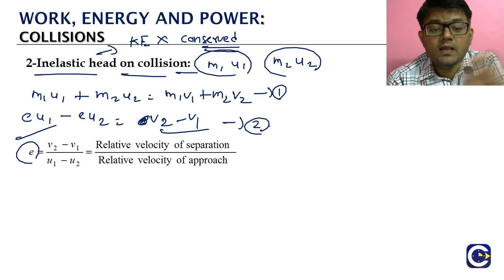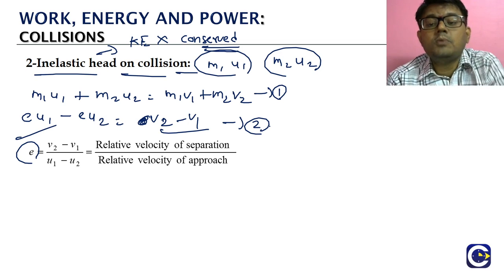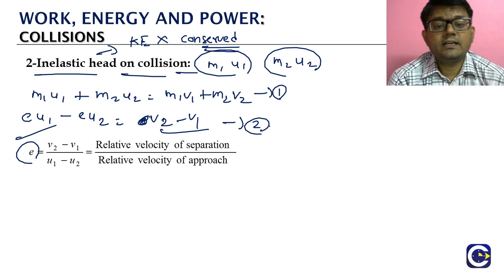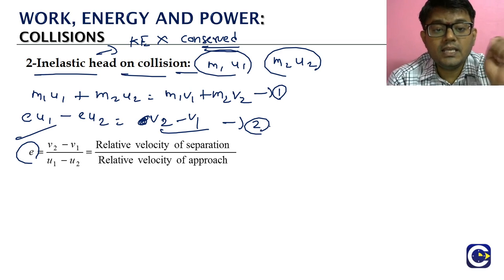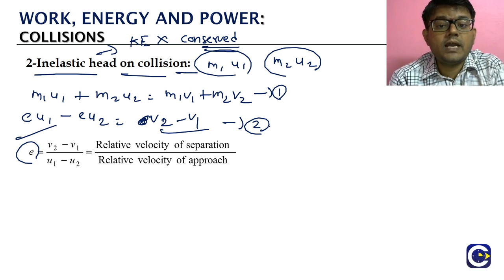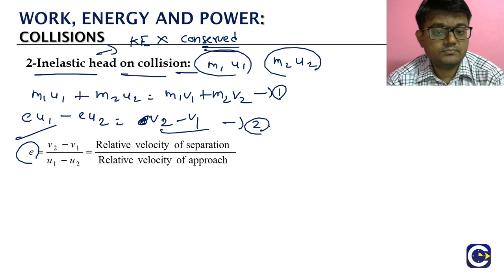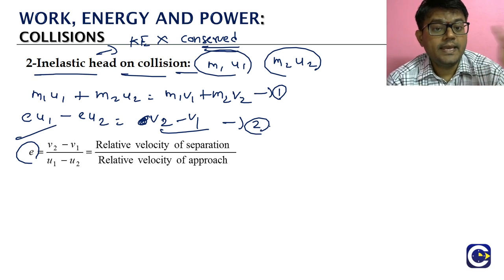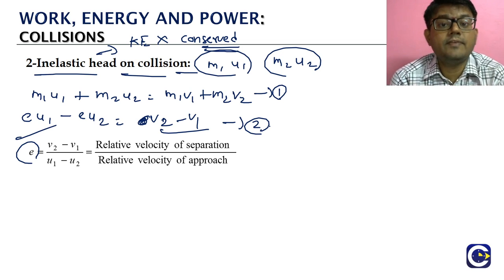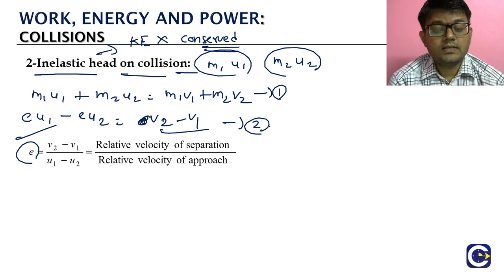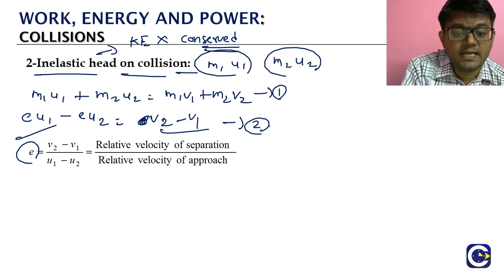Ipo enna theriyuma, இந்த E value நமக்கு தெரிஞ்சதா we will be able to proceed. For a head-on inelastic collision, E oda value will be between 0 to 1. For the head-on elastic, what is the E oda value? 1. But inga enna theriyuma, it will be between 0 to 1. Okay, so 0 to 1 anu sonna adadi significance parunga.